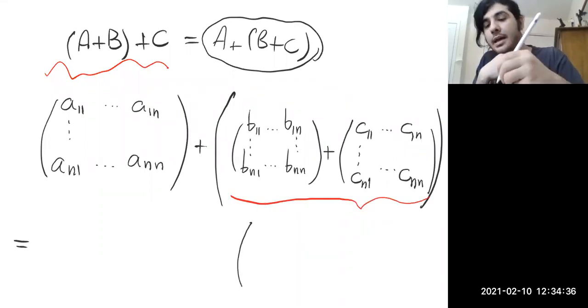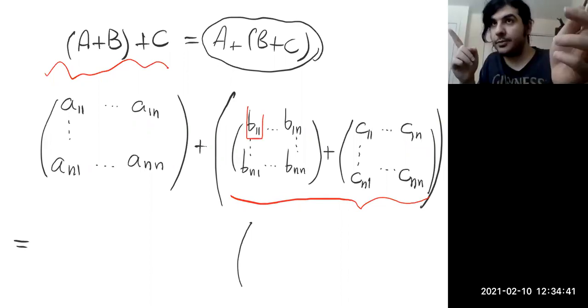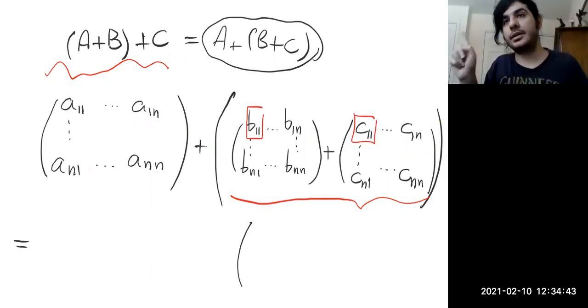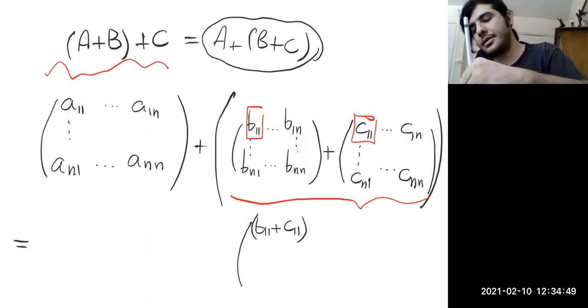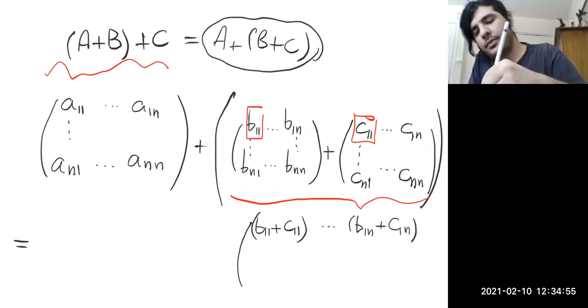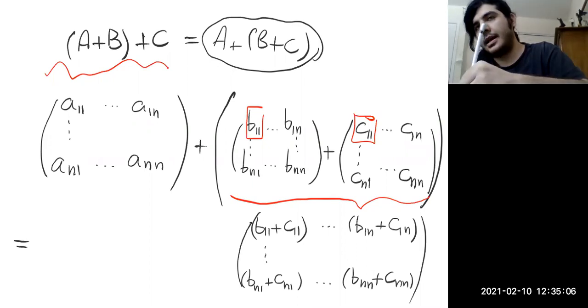So if I do that, again, I should look at the first element in the first row and the corresponding element in the second matrix. The sum would be B11 plus C11. I should continue that. I would get B1n plus C1n, then BN1 plus CN1 up to BNN plus CNN.